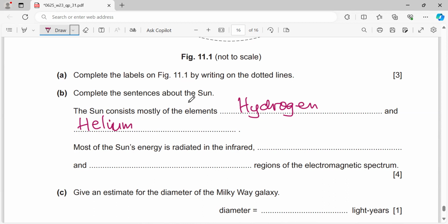Most of the sun's energy is radiated in the infrared and ultraviolet.